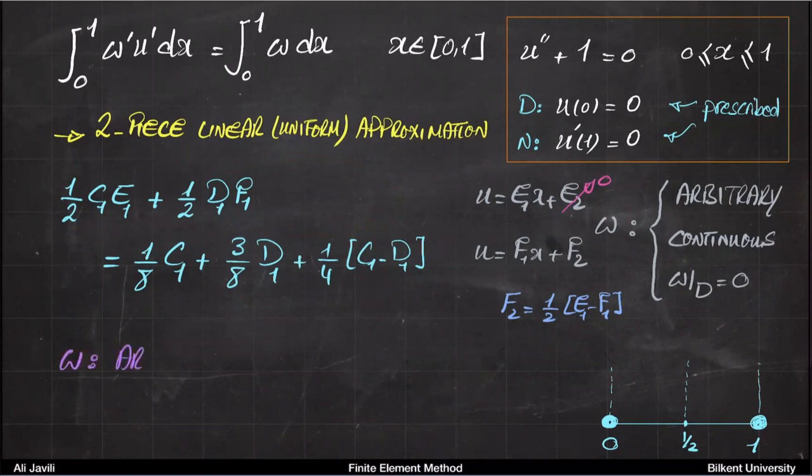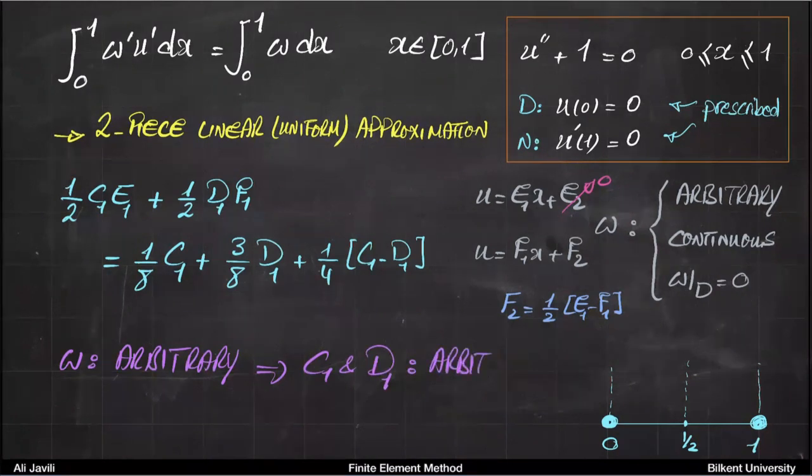W is arbitrary. That means C1 and D1 are also arbitrary. So this equation must hold for any C1 and D1.